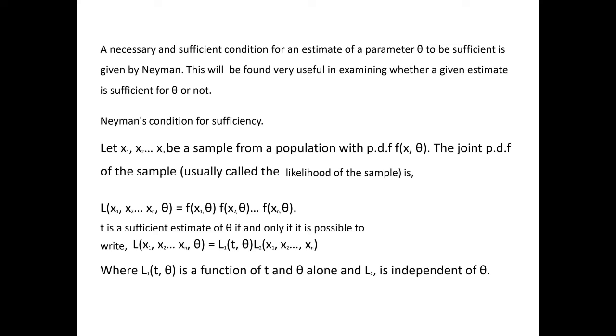T is a sufficient estimate of theta if and only if it is possible to write L of x1, x2, etc. xn, theta equal to L1 of t, theta into L2 of x1, x2, etc. xn, where L1 of t, theta is a function of t and theta alone and L2 is independent of theta.